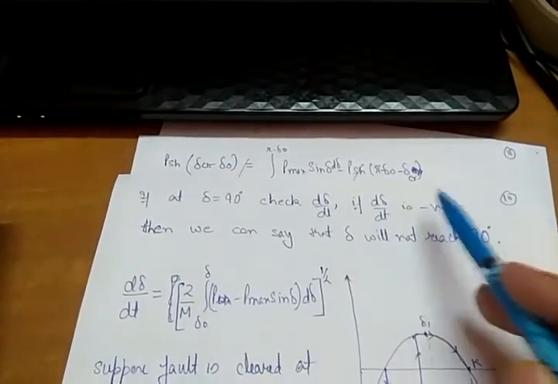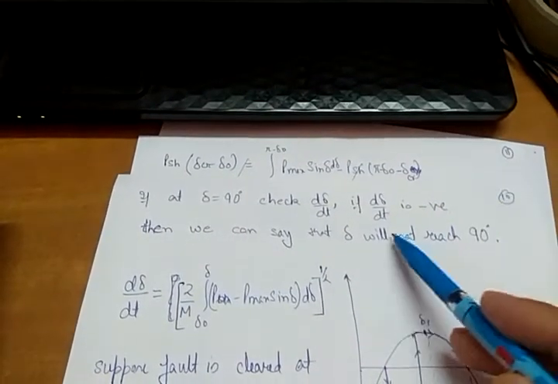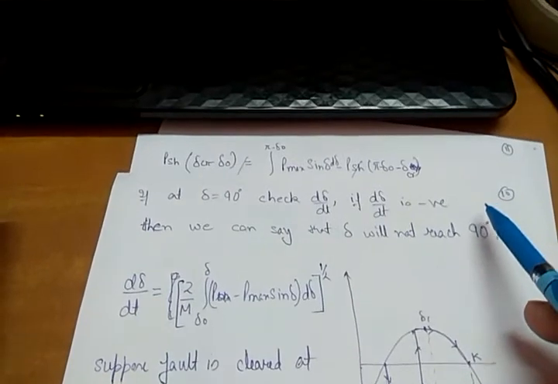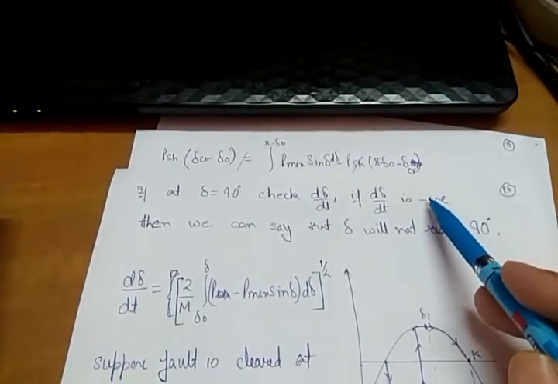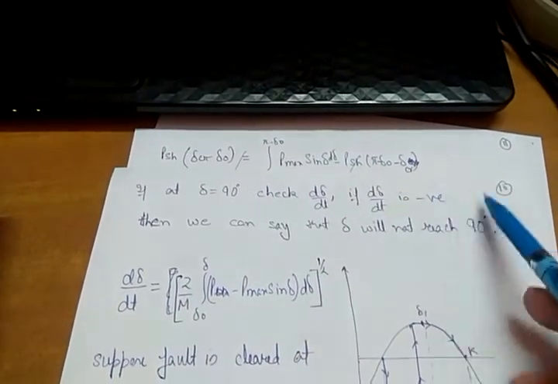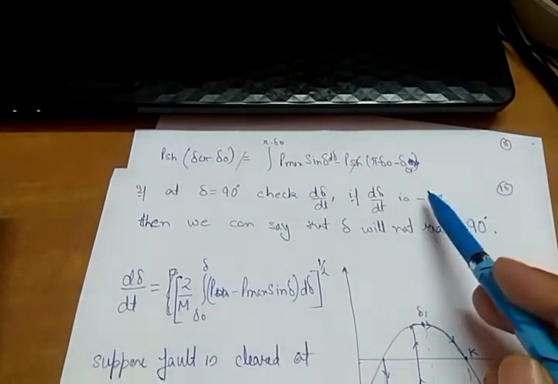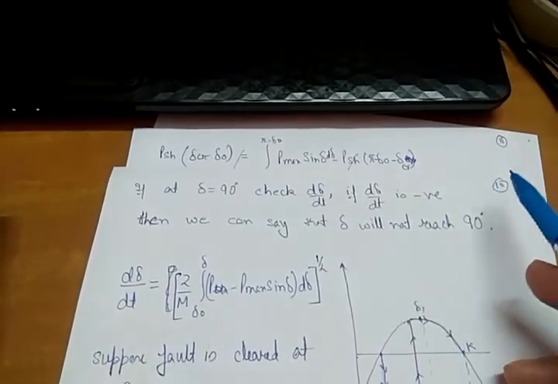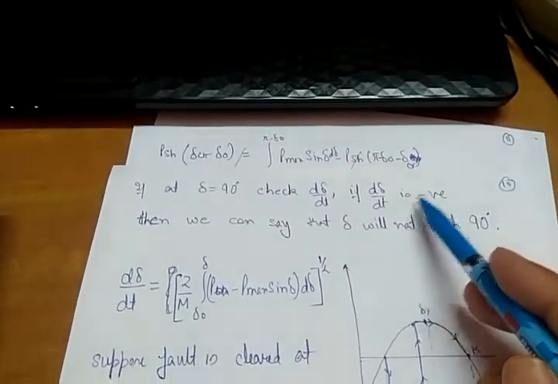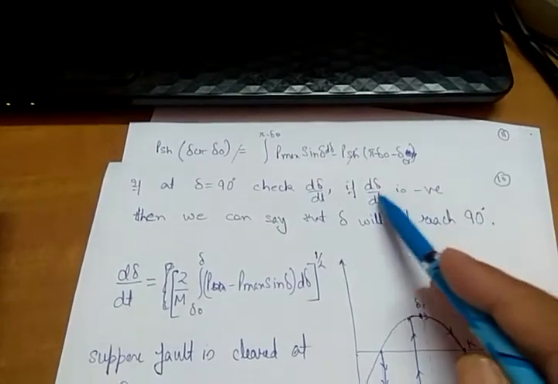If it is positive, we will say it has reached 90 degrees and it may move beyond this 90 degrees, up to a point where d delta upon dt becomes equal to 0.